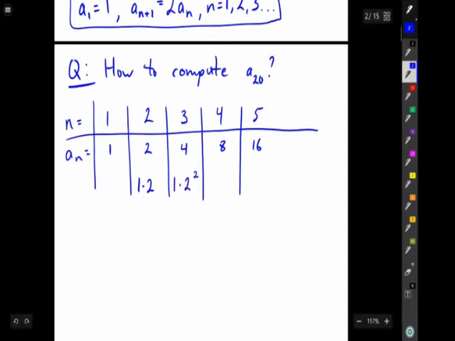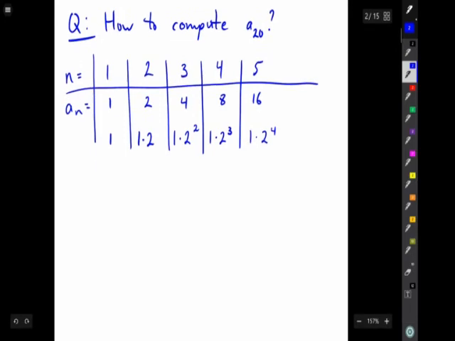So now it's going to look like this. To go from here to here, I multiplied by another 2. And to go from here to here, I multiplied by another 2. So writing out your sequence like this, saying how we move from one term to the next, and not simplifying it, can really help you build what's called an explicit formula.